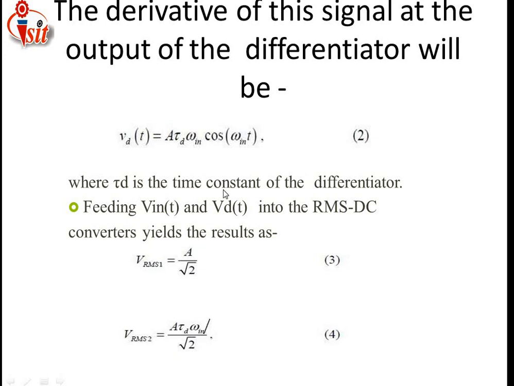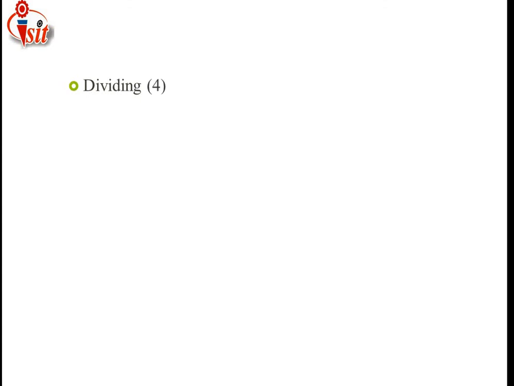That means tau d, the time constant of the differentiator, and the angular frequency are involved in Vrms2. This is equation 3 and this is equation 4. These equation numbers are given for further calculation purposes.